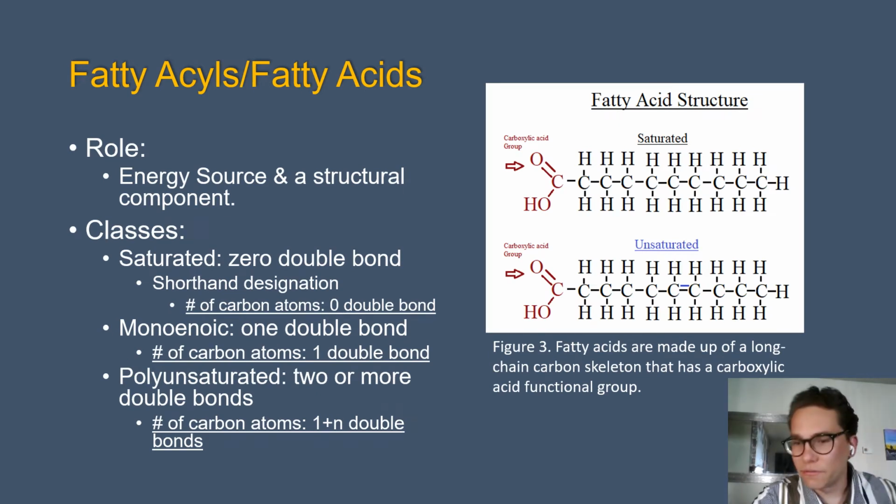There are 3 different types: saturated, which have 0 double bonds, monounsaturated, which have 1 double bond, and polyunsaturated, where you have 2 or more double bonds. From the figure, you can see that the structure is generally a carboxylic acid group with a carbon chain, and if it's saturated, there are 0 double bonds, and otherwise it's a carbon chain with some double bonds.